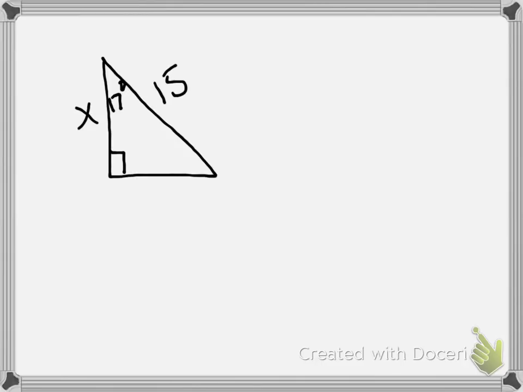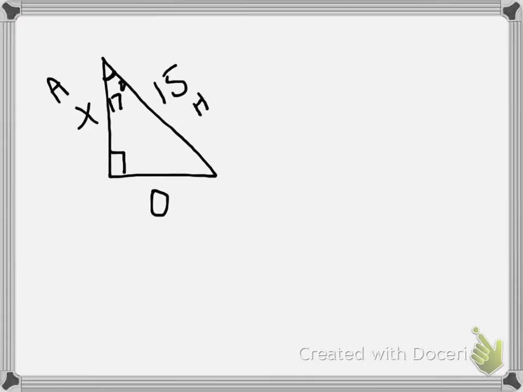Okay, so again, what we first want to do is go through and label our sides. So the angle we're dealing with is right here, the 17 degrees. The first side I'm going to label is my opposite, which is completely on the opposite side of that triangle. Next one I want to label is my hypotenuse. The hypotenuse is always right across from the right angle, so this 15 side is my hypotenuse. That leaves this one as my adjacent.